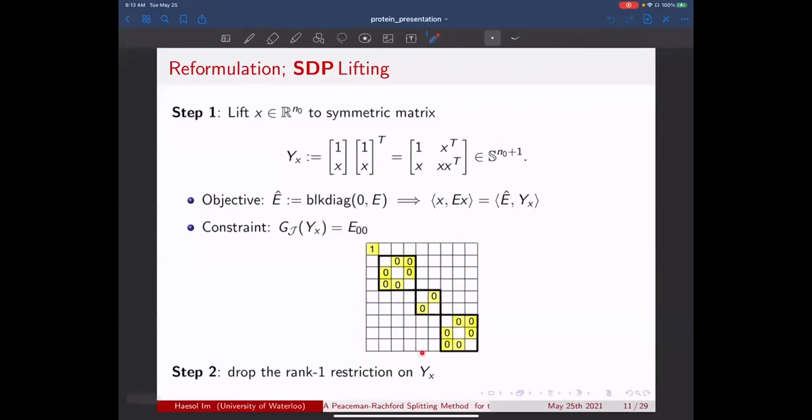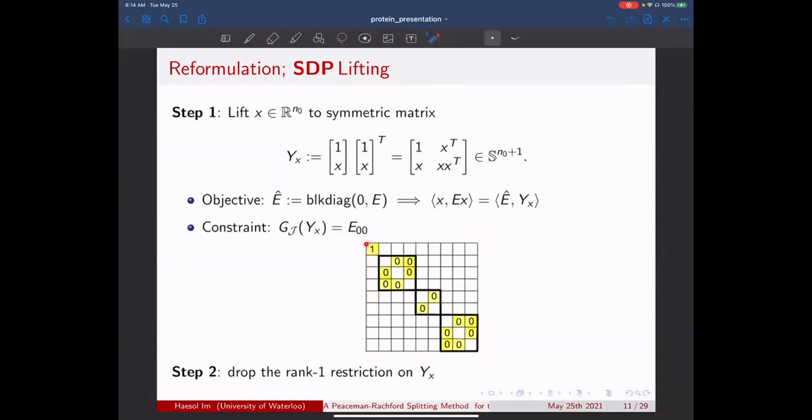So this is Y sub x. By the structure of A, we have this block structure in the matrix. Whenever we have this block diagonal matrix and we see these off-diagonal elements, we're always setting those to 0. Similarly, in this 2x2 block, whenever we see off-diagonal elements in this block diagonal matrix, we set those to 0, and it goes on like that.